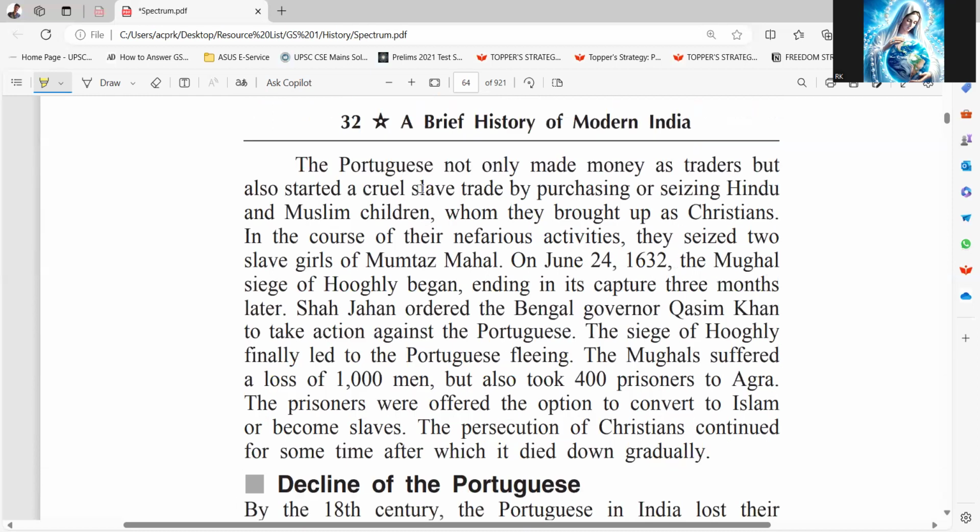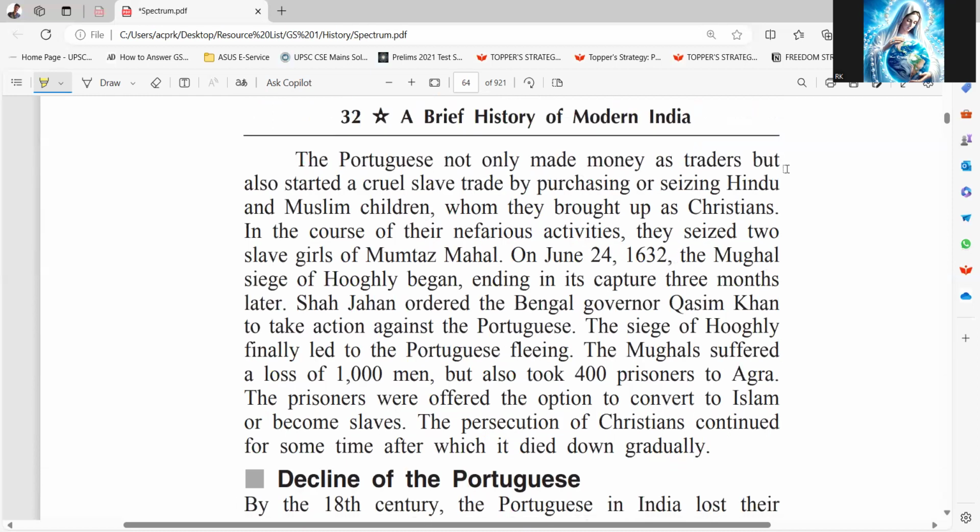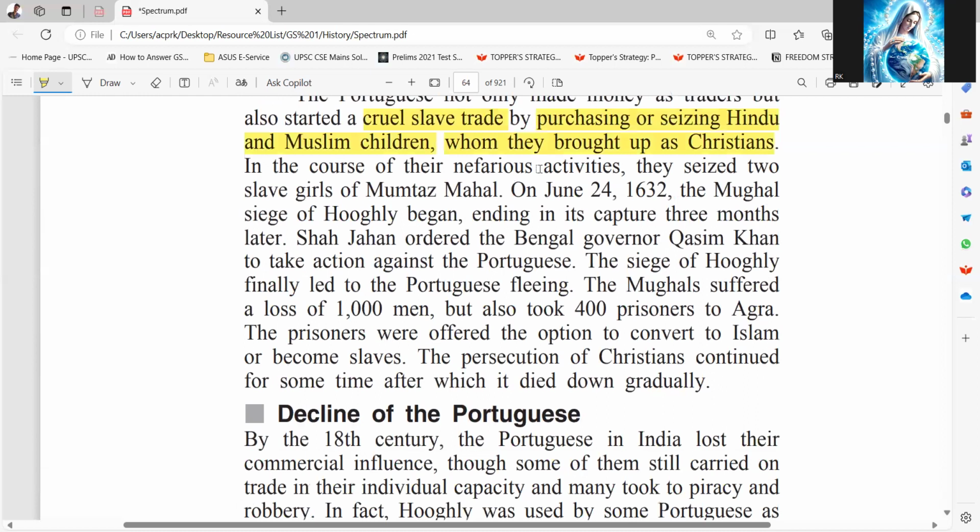The Portuguese not only made money as traders but also started cruel slave trade by purchasing or seizing Hindu and Muslim children whom they brought up as Christians. In the course of their nefarious activities, they seized two slave girls of Mumtaz Mahal.